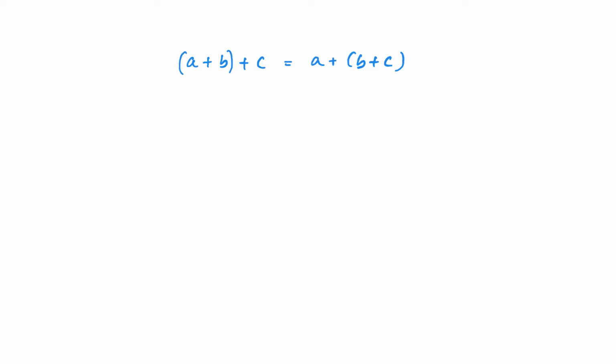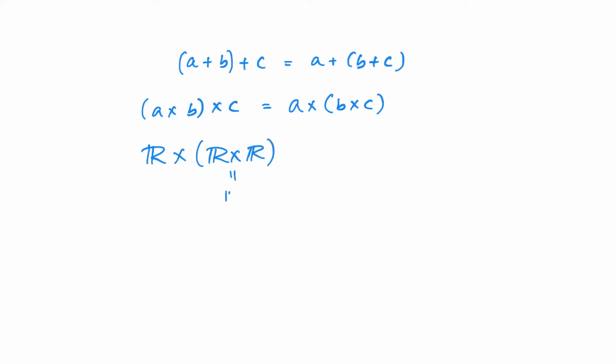Similarly, for multiplication, (a into b) into c is equal to a into (b into c). And this said that the order in which we did these operations does not matter. And here what we saw was something very similar. We had two objects. The first object was R cross R, which was equal to R2.